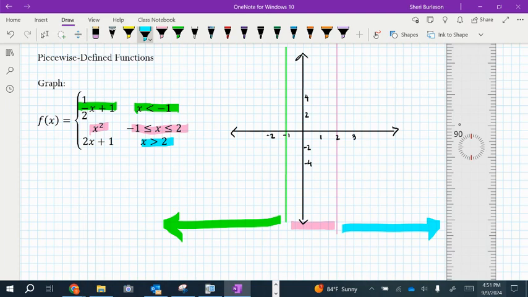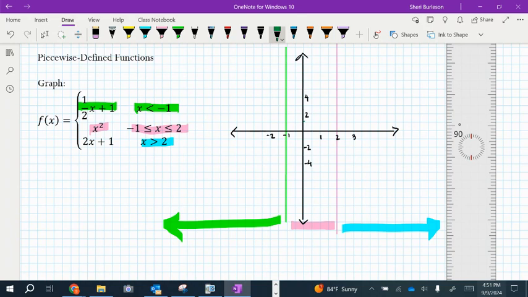So you can recognize the parent functions, or you can plot points. I know that my y-intercept here would be at +1, which I'm not going to actually plot there. And then if I have a slope of 1/2, to go backwards, I would go down 1 and to the left 2.